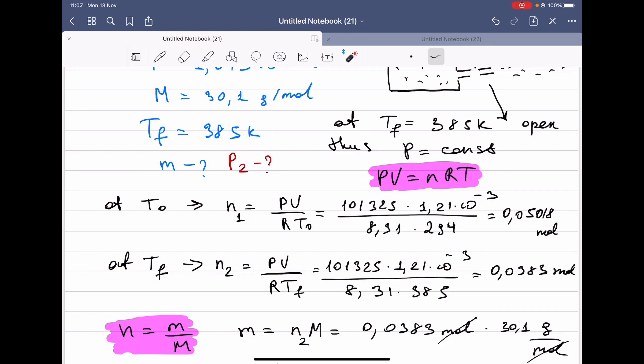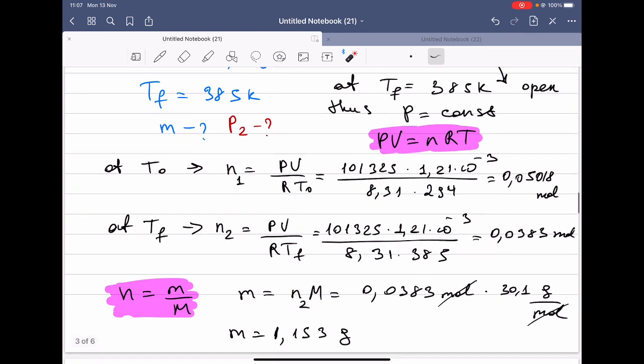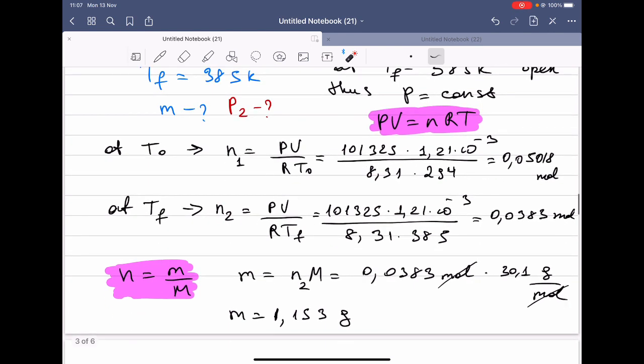Now what will be the pressure 2, or pressure final? How can we find it? So n is equal to m over molar mass. From there, using the second one, we plug it here and we find that this is equal to 1.153 grams.